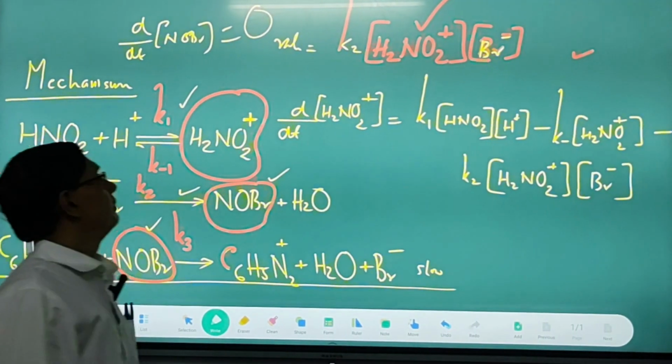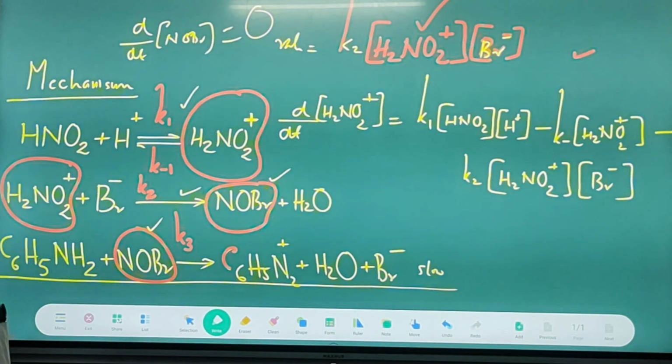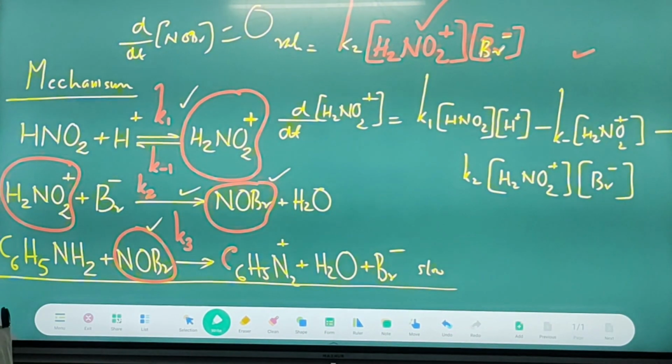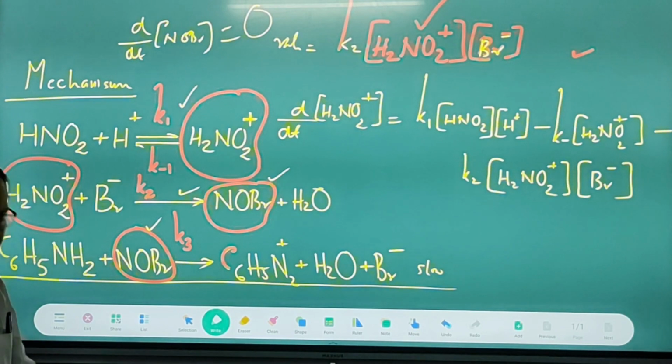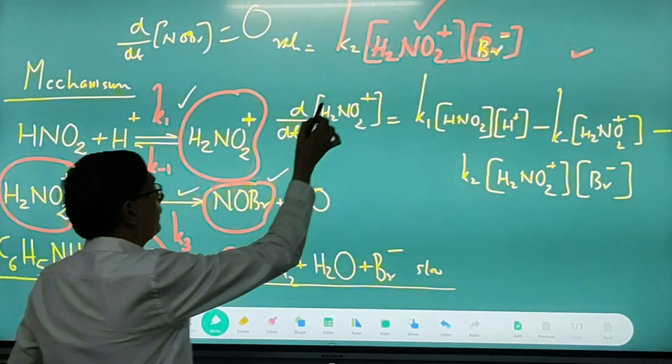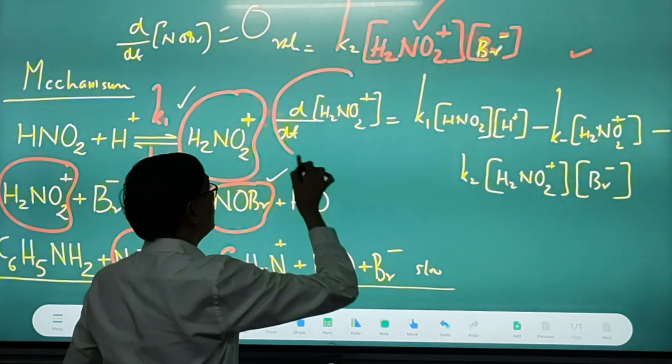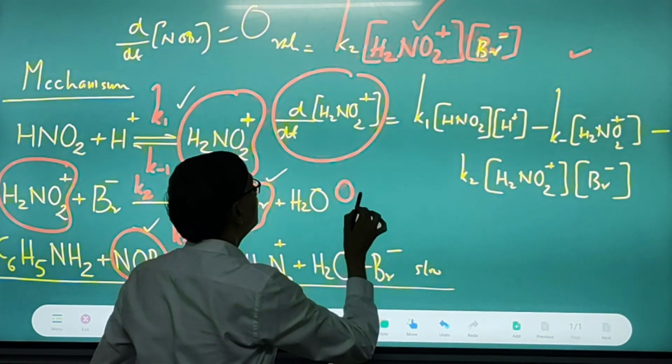There are very simple steps, and in that last step we again apply the steady state approximation method, d by dt is equal to 0.